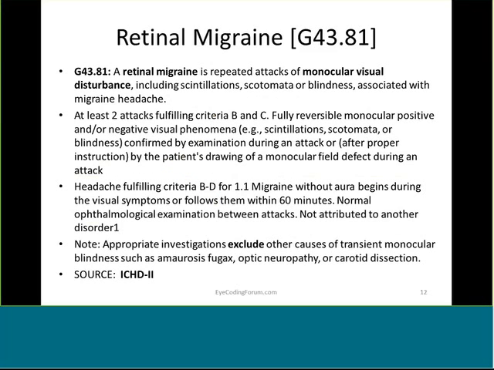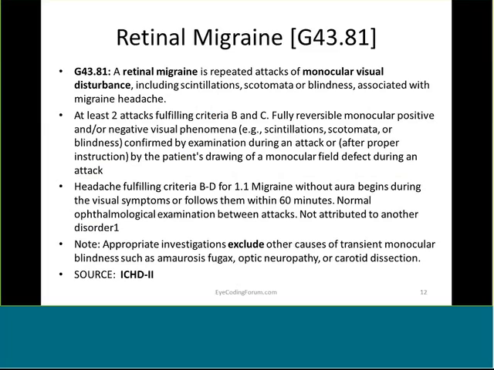So here is the ICD-2 listing for a retinal migraine. And again, it's very detailed here, but anybody can look this up. And again, my point here is that when you talk to the doctors, a lot of them will use these codes interchangeably. And if you look up on the internet, you also will see numerous definitions, including our friend Wikipedia, where they are listed as being synonymous, and they're simply not.